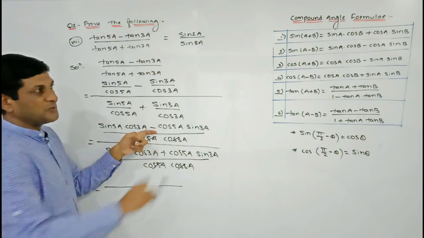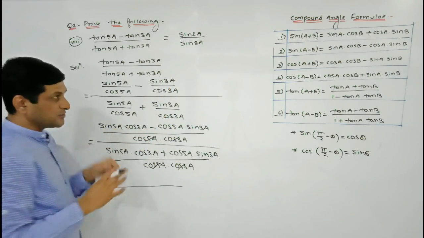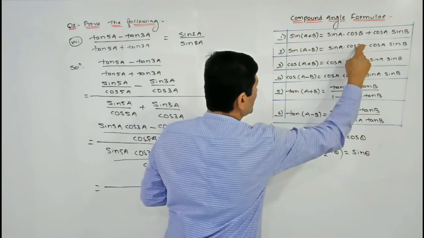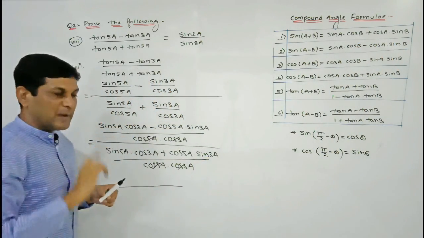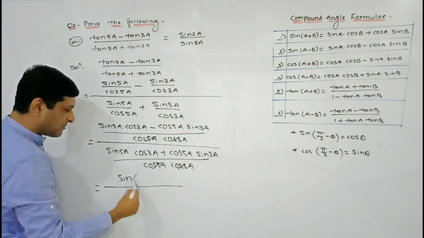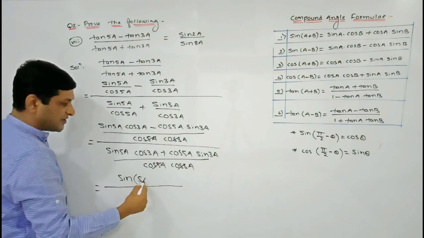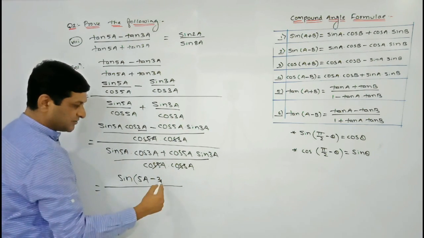In the numerator, we are applying the second formula. According to the second formula, sin a into cos b minus cos a into sin b can be replaced by what? Sin a minus b. So here this numerator can be replaced by sin a minus b. What is a? 5a. And b is what here? 3a.